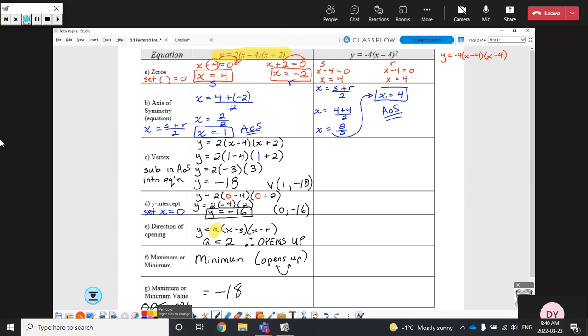So now in order to determine our vertex, we have half of it already. We know the vertex is going to be 4 comma something, and we don't know that something just yet. But to get that, we're going to substitute the value of the axis of symmetry into the original equation. The original equation, it's not that one, it's this one, negative 4 x minus 4 squared. And we're substituting in positive 4 for x.